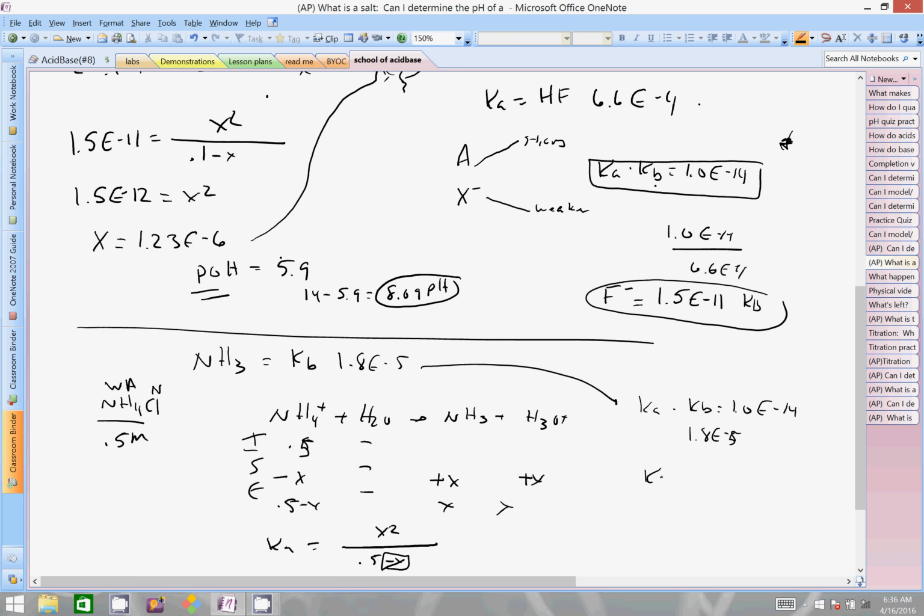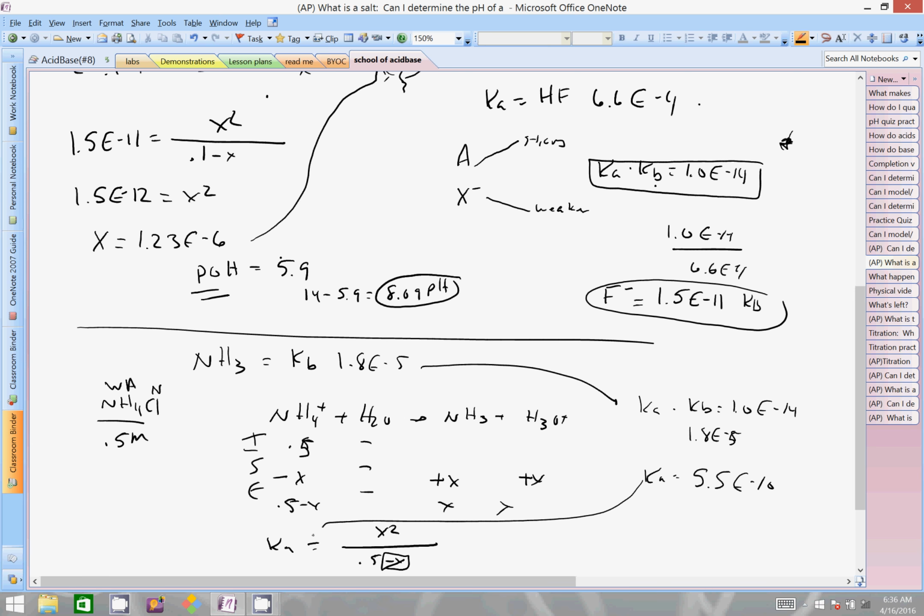Divide out, and the Ka equals 1.0 e to the negative 14th divided by 1.8 e to the negative 5th, and I get 5.5 e to the negative 10th is my Ka value.